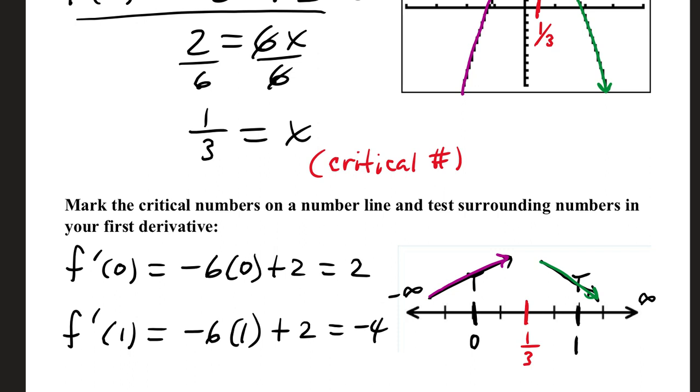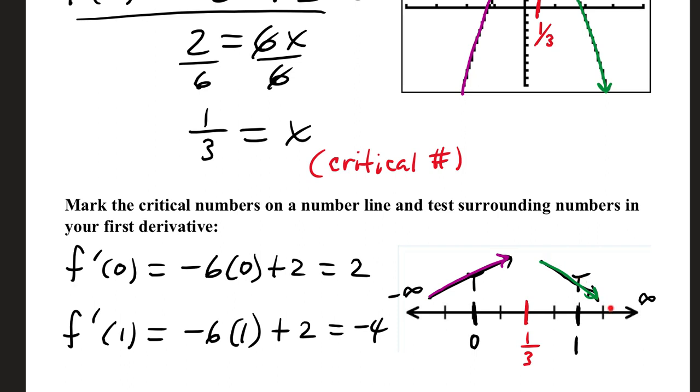So in our first derivative, we have negative 6x plus 2. Using 0 as a test number, negative 6 times 0 plus 2 is positive. That tells us our function increases to the left of the critical number. Our test number of 1 subbed into the derivative gives us negative 4.